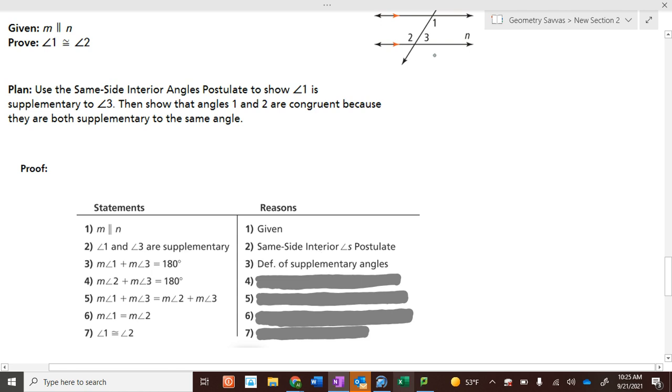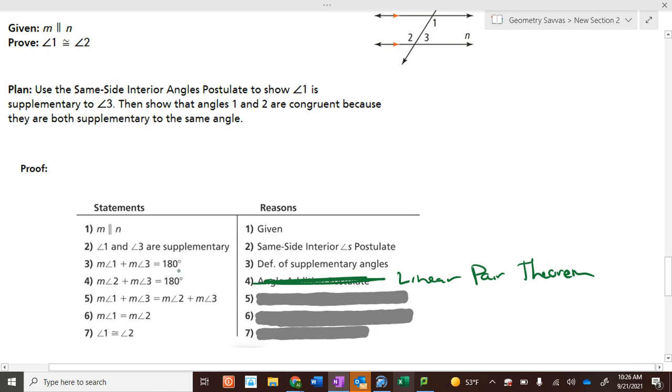Then 2 and 3 have to be supplementary because they're on a straight line. So I would say that's a definition of a linear pair, or the linear pairs theorem. But for them, they said the angle addition postulate. I don't like that. They're a linear pair. So, linear pair theorem. That's what I say.